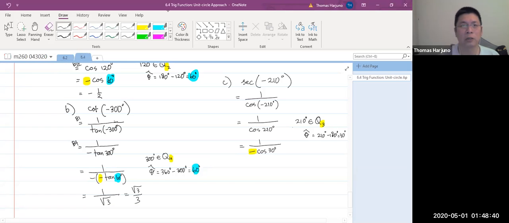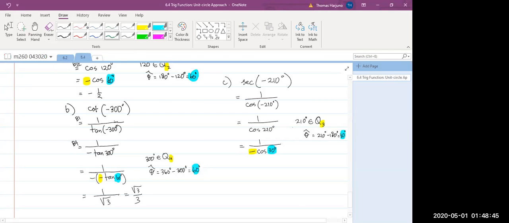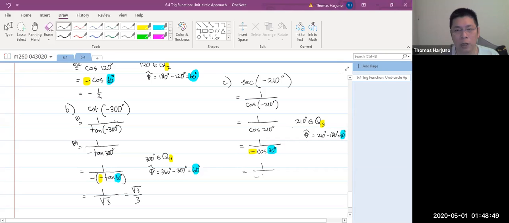Reference angle 30 degrees. So this is 1 over negative radical 3 over 2. That's negative 2 over radical 3. Rationalize the denominator. This is what I get.